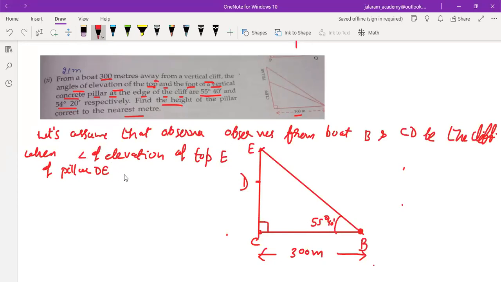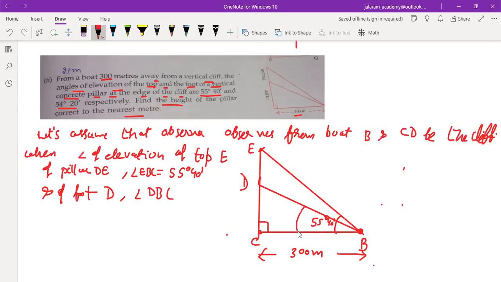And the angle of elevation, we write the name of this angle, EBC equals 55 degree 40 minutes, and the angle of elevation of foot D, angle DBC, equals 54 degree 20 minutes.